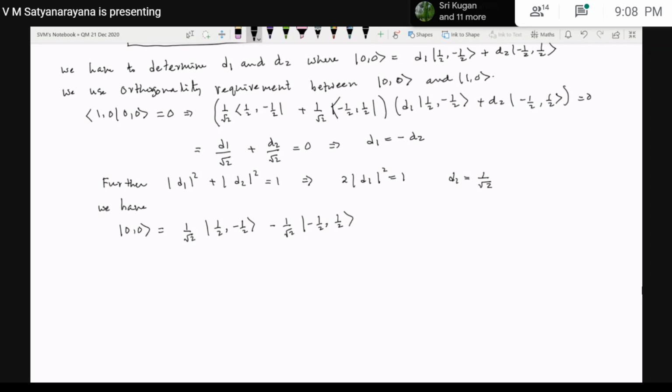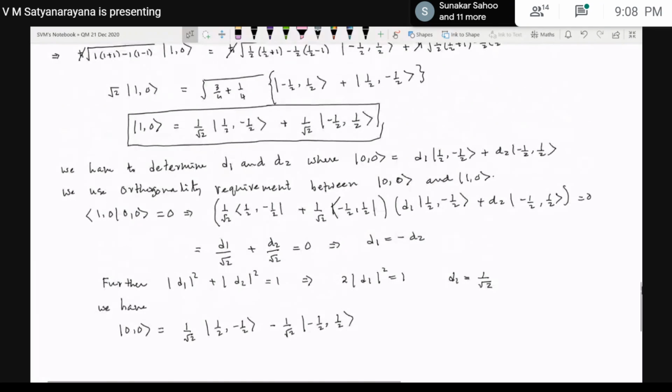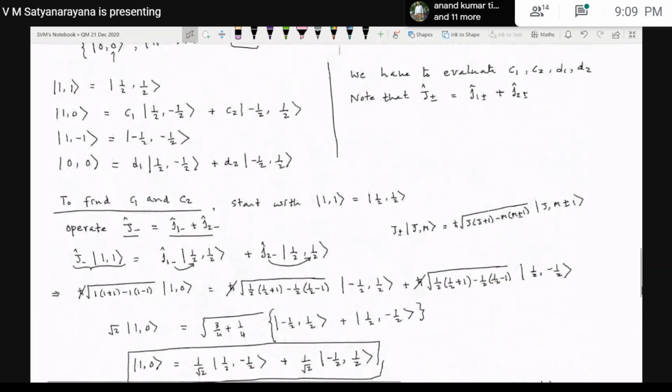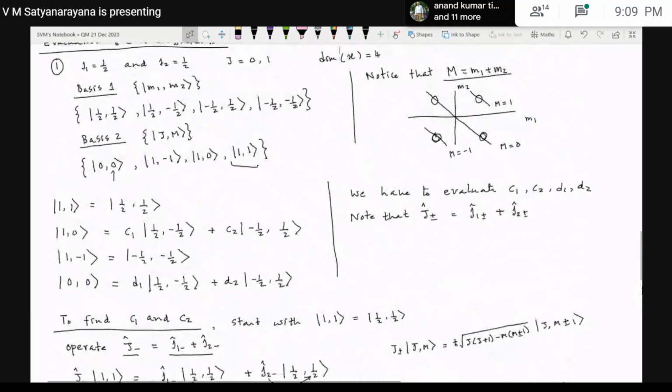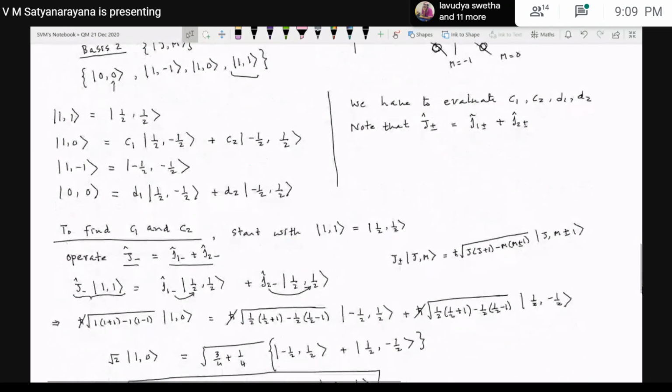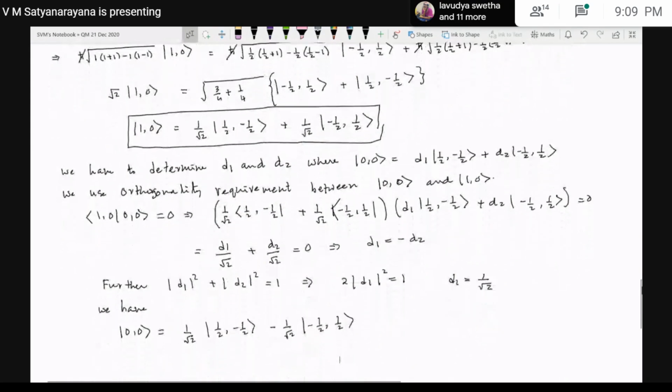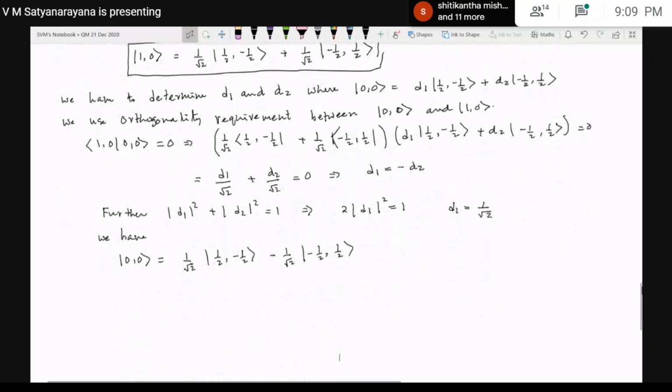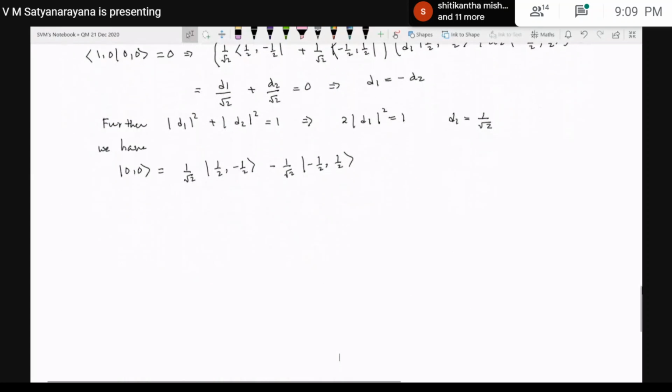So this is the procedure for how you find out any of these. This is the simplest example, of course, but the procedure is more or less the same even if you want to do a more difficult example.